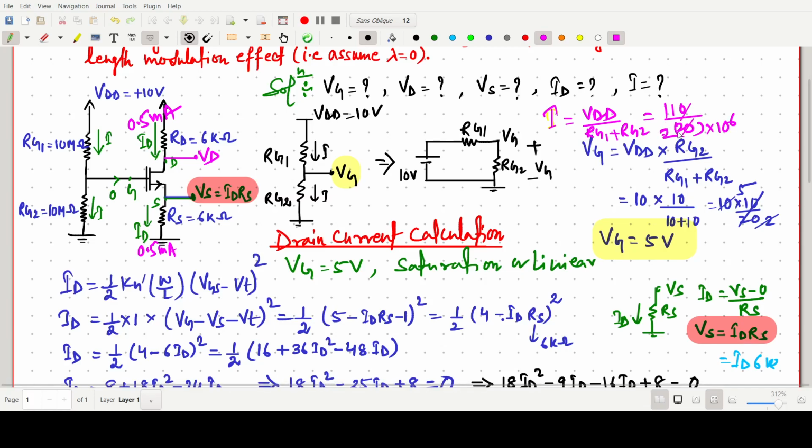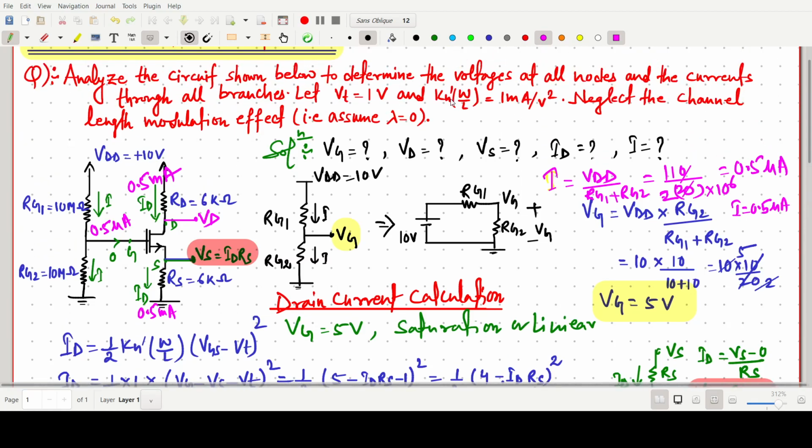We can write it as 0.5 microampere. So the I value will be 0.5 microampere. 0.5 microampere is this one, 0.5 milliampere is this one. So all unknowns are found.